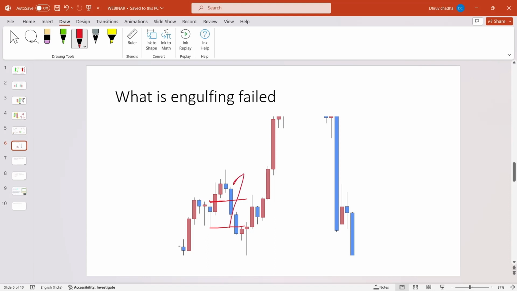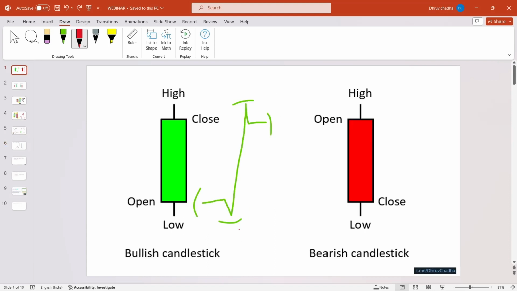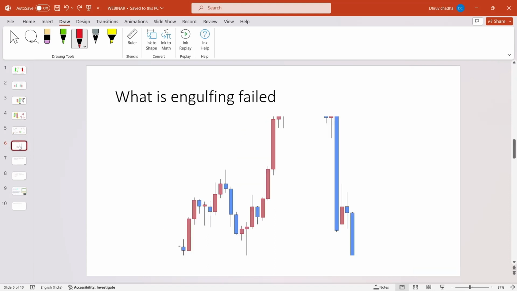We expect price to go higher. But what do we see? We see price close below the zone. That simply makes our engulfing failed over here. This is what we call engulfing failed. I hope you all understand this. This is very basic. If you don't, please watch this video again.